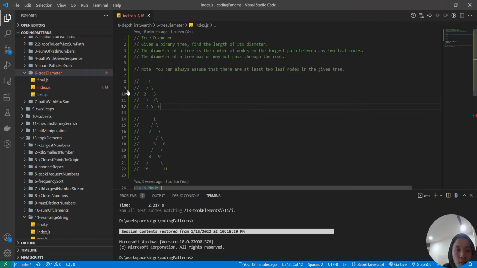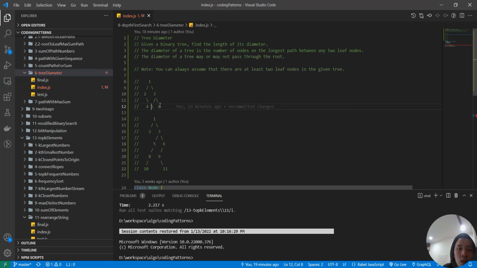So, the first example is a binary tree with three levels, as you can see, and we need to find its diameter, right? So diameter is the number of nodes on the longest path between two leaf nodes. For example, if we consider these two leaf nodes, the path from node 5 to node 6 would be 5, 3, 6.